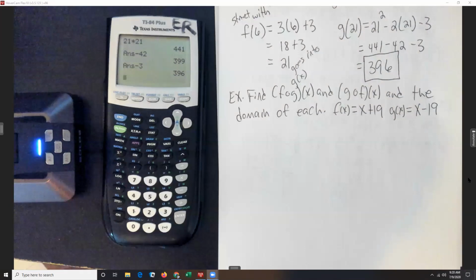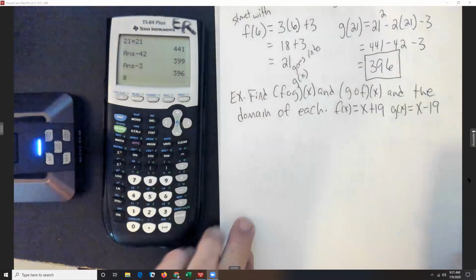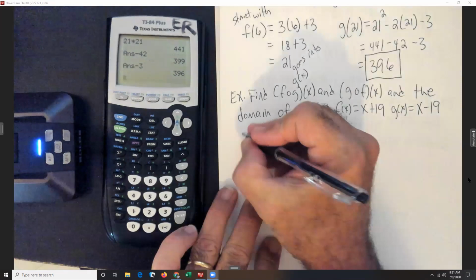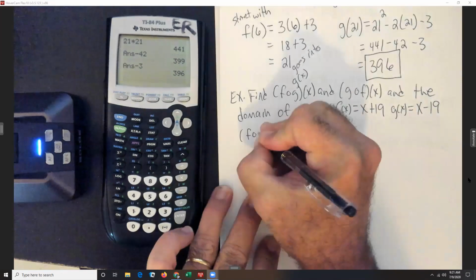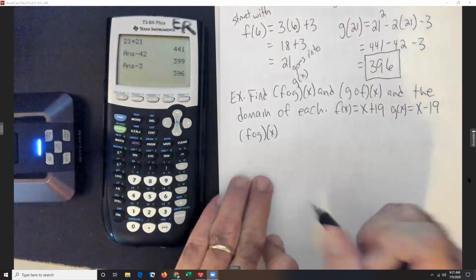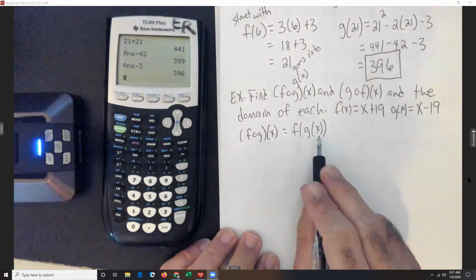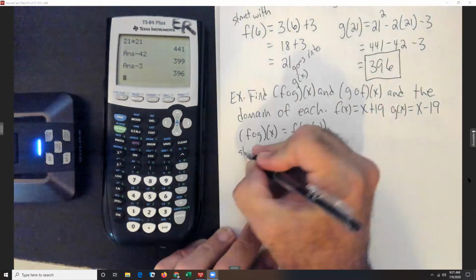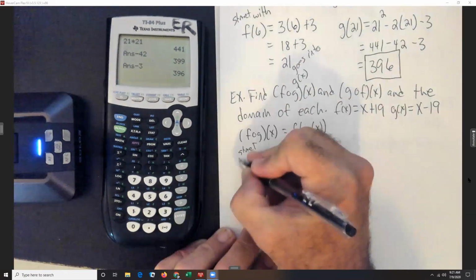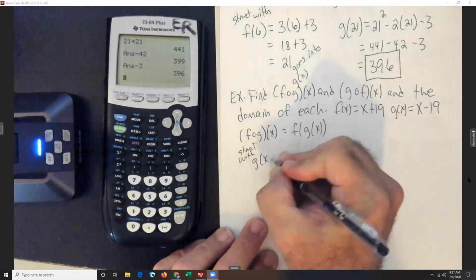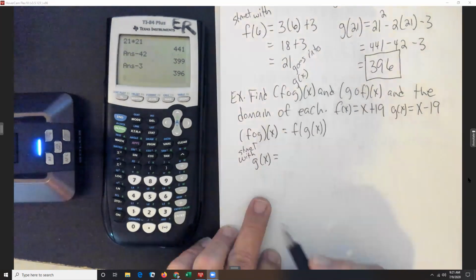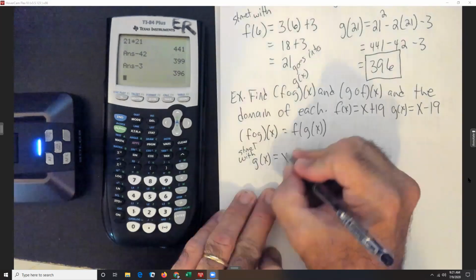All right, so first we're going to play with f of g of x. So you would start with the g of x. But y'all notice, they didn't give me any numbers to plug in, so g of x is going to stay x minus 19.